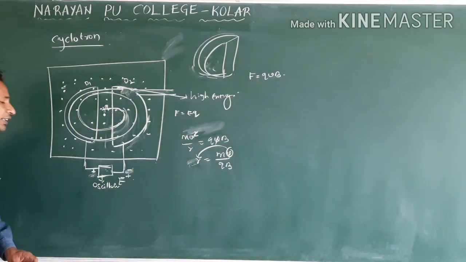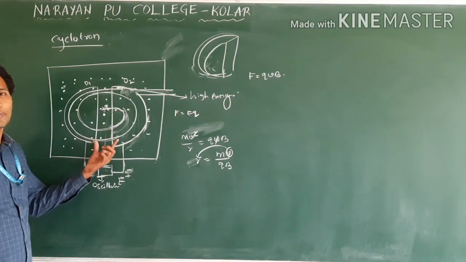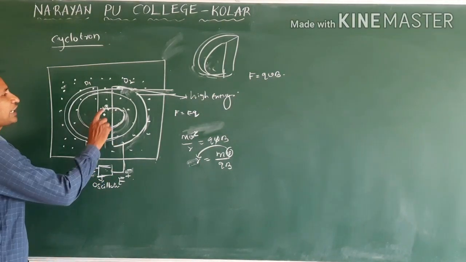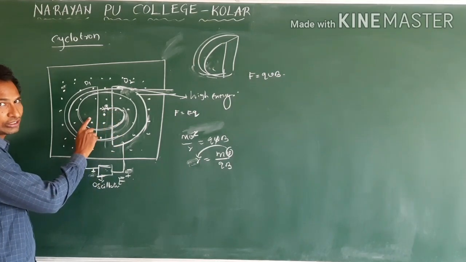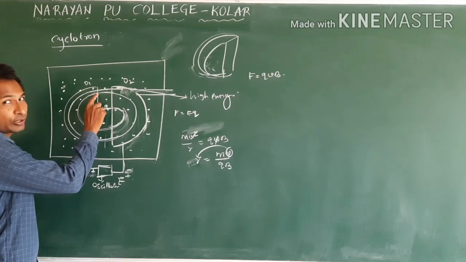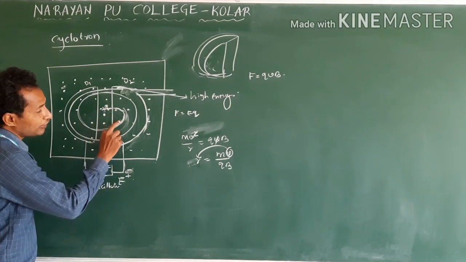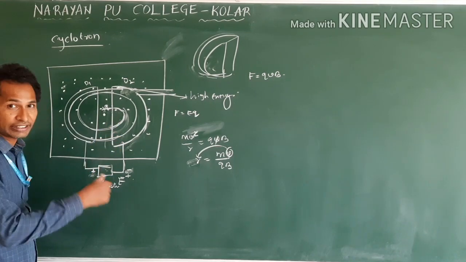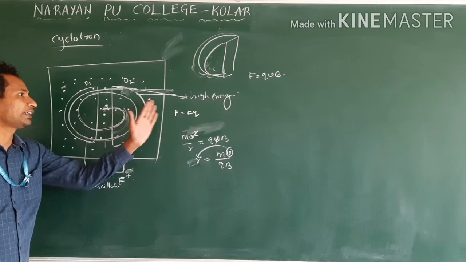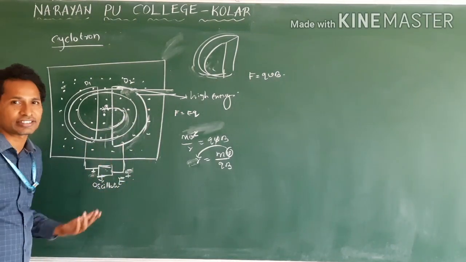So here we need to adjust the frequency. Otherwise it's not possible. Frequency means as soon as it reaches this D, here the potential has to change. As soon as it reaches here, the potential has to change. When the frequency of the charged particle and the frequency of the oscillator are equal, then we will get a high energy particle because it will be in a resonance condition.